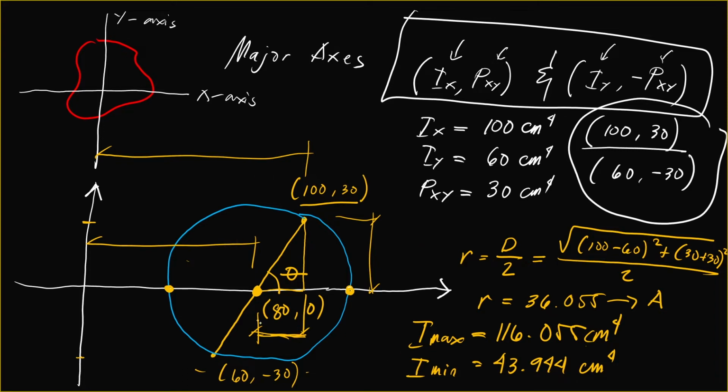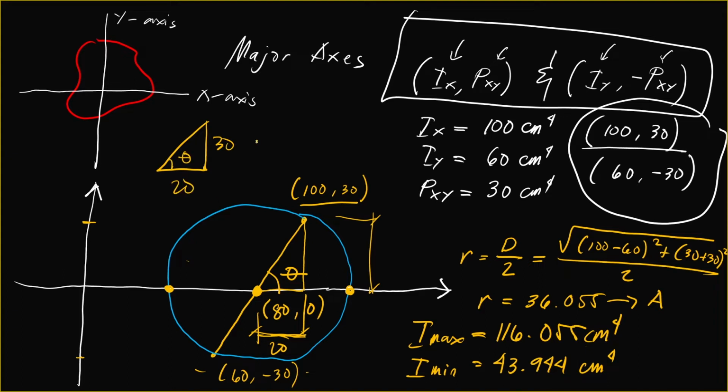So, pero ito niya nga distance, 20. Di ba? 20, sir. This is 20. So, you have actually a triangle, 30 and 20. Tapos, adding at theta. So, determine mo ng theta, di ba? How do you determine the theta? Theta is equal to arctangent of opposite over adjacent, 30 over 20.